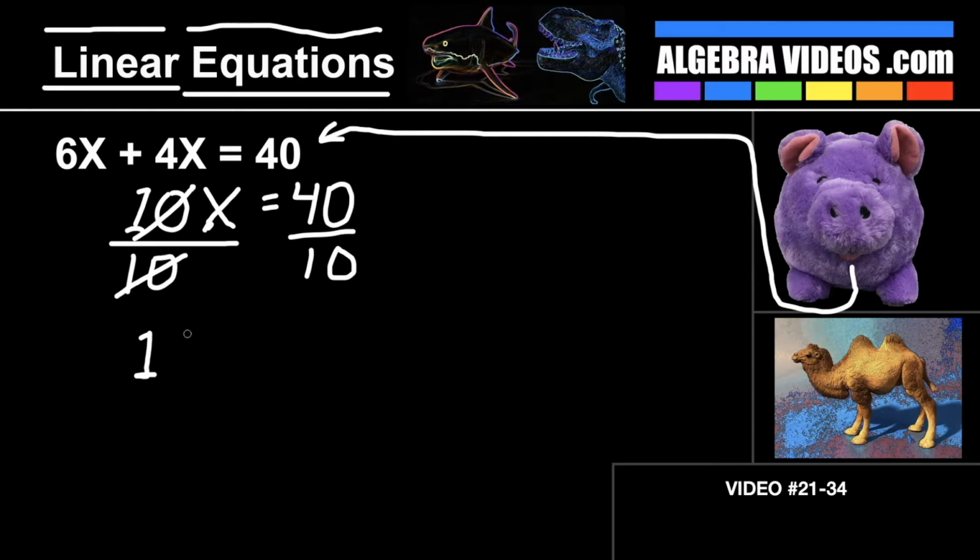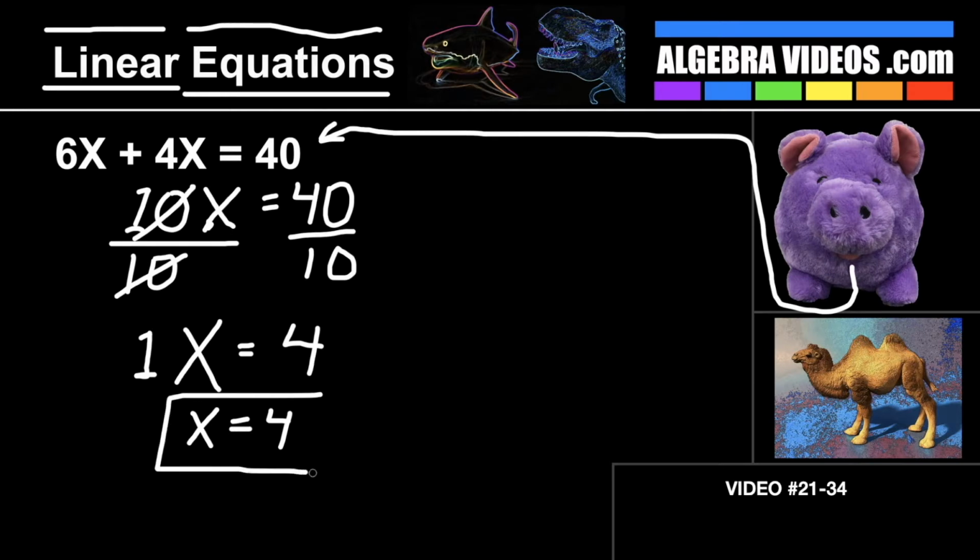And I'm just going to rewrite the x. And that equals, on the right side, 40 divided by 10. Well, 40 divided by 10 is 4. So 1x is the same as x. That means x equals 4. So that is our solution.